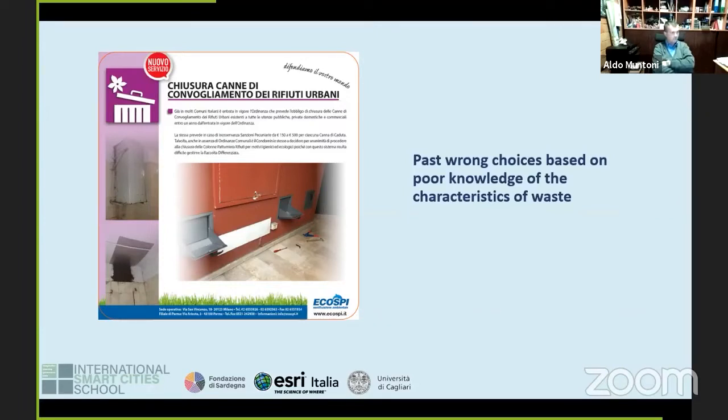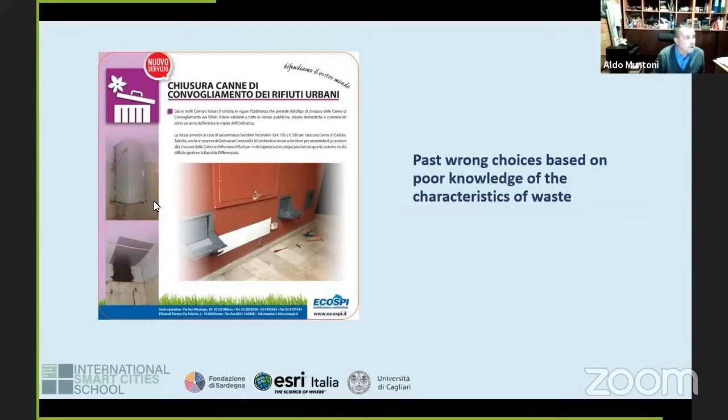I can say that for the people who know Cagliari, you can find this system in the buildings which were built in the middle 70s, for instance, Via Copernico, Via Bandello, and it was a kind of chimney which was passing through the building, and it was available at each level of the building, and the people, instead of going to the street and bringing the waste, were allowed to throw the waste directly into this chimney, and the waste was falling into a specifically dedicated room at the basement of the building.